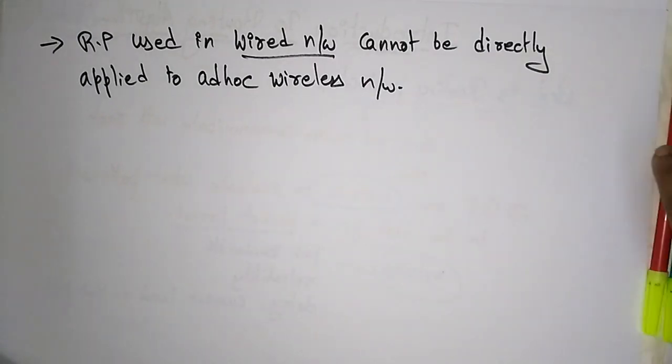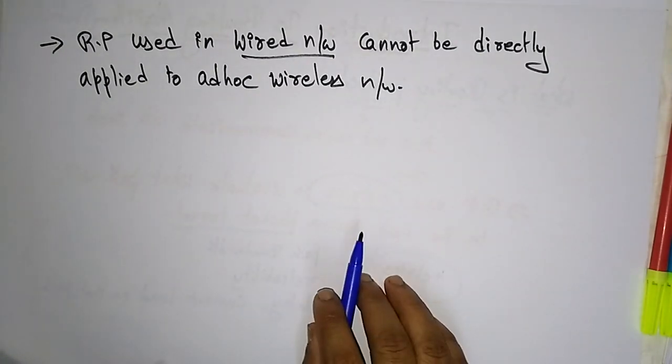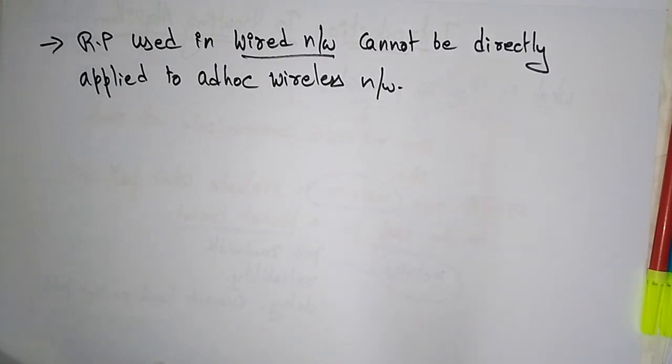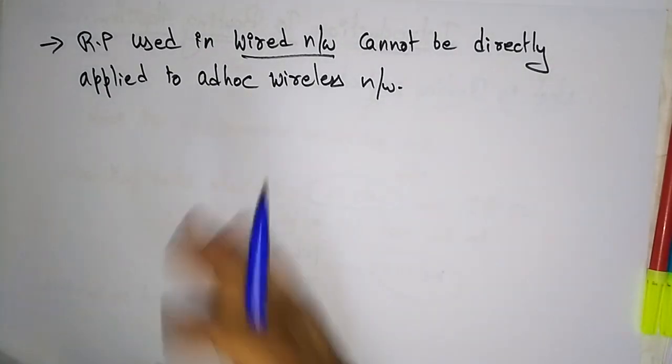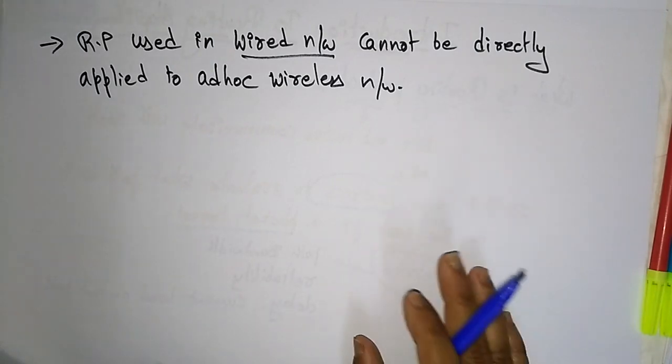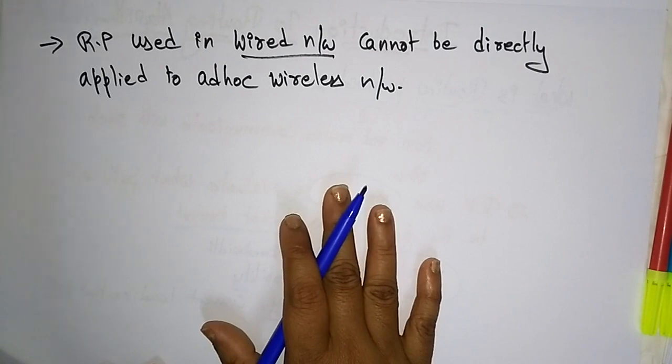Why? What is the problem? Why are we not supposed to use the same routing protocols for ad hoc wireless networks? You can use them, but you can't directly use them; with some modifications you have to apply them on the ad hoc wireless network. So what is the problem here?